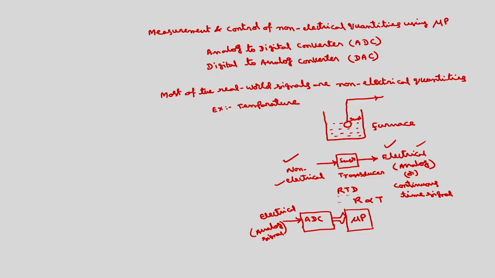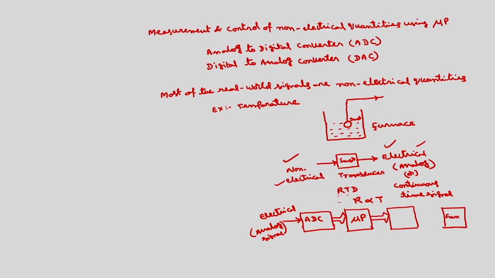Similarly, after performing the various operations in this microprocessor, finally I have to control a non-electrical quantity. So I can send this digital signal from here. If I want to control a non-electrical quantity, something like a fan or heater, I want to drive the fan.